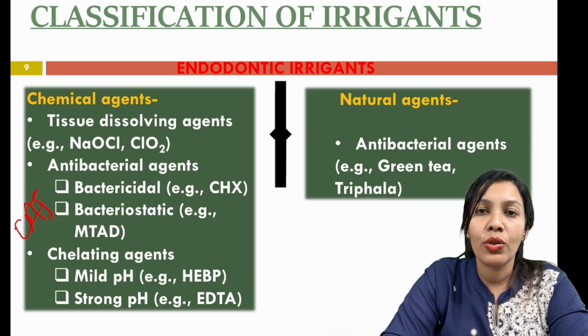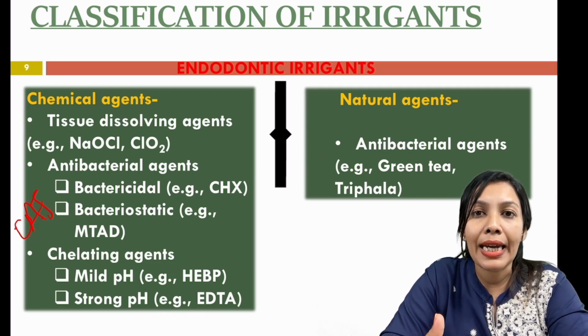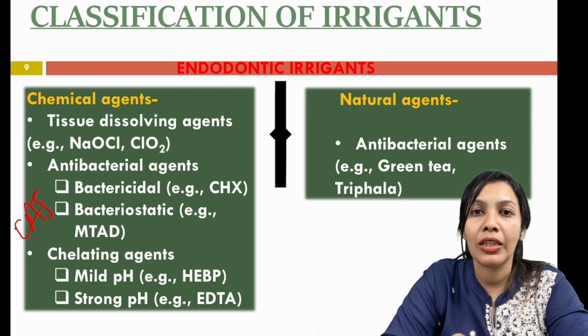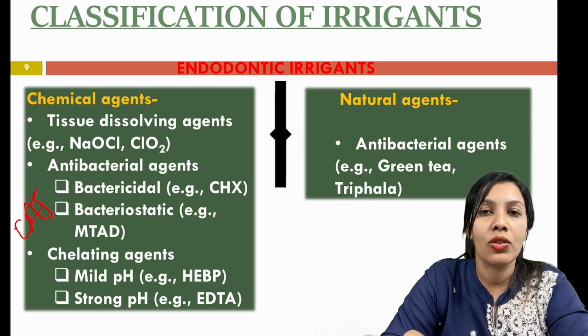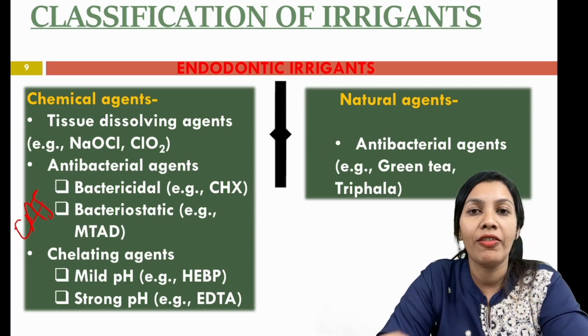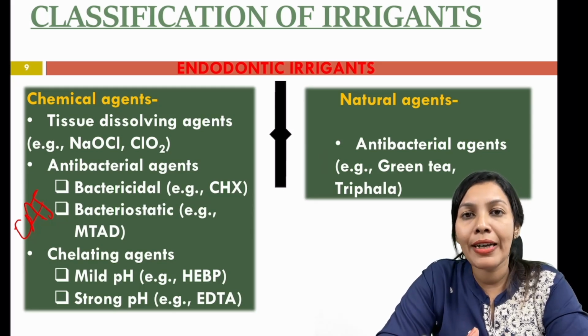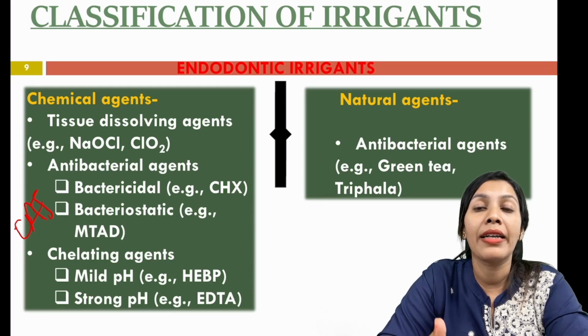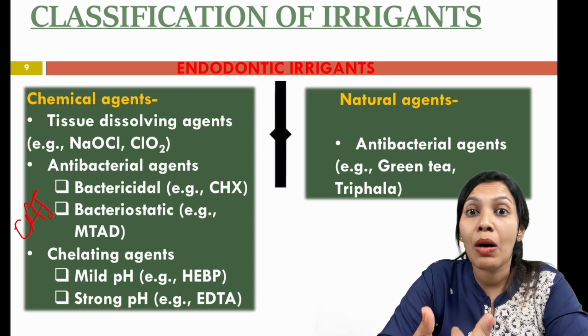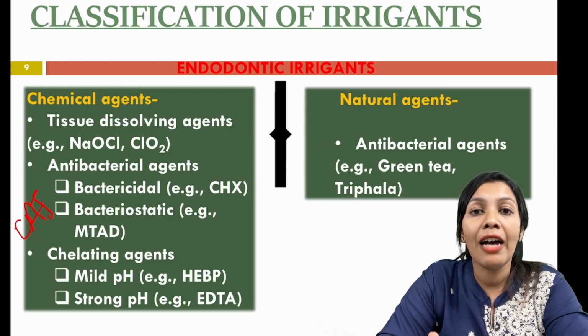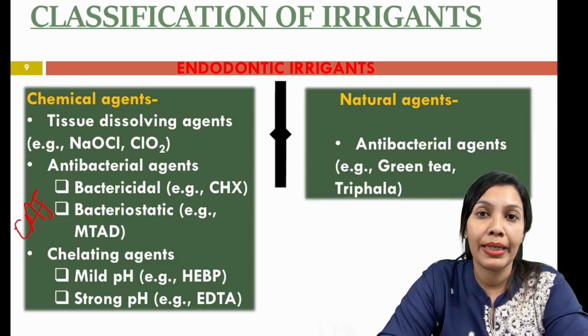So what is tissue dissolving? The commonly used irrigant in our clinical practice, sodium hypochlorite, is tissue dissolving. It has the capacity to dissolve the pulp. A is antibacterial. The antibacterial effect is used in chlorhexidine, because we use it as a mouthwash and as an intracanal irrigant, because it has antibacterial property.